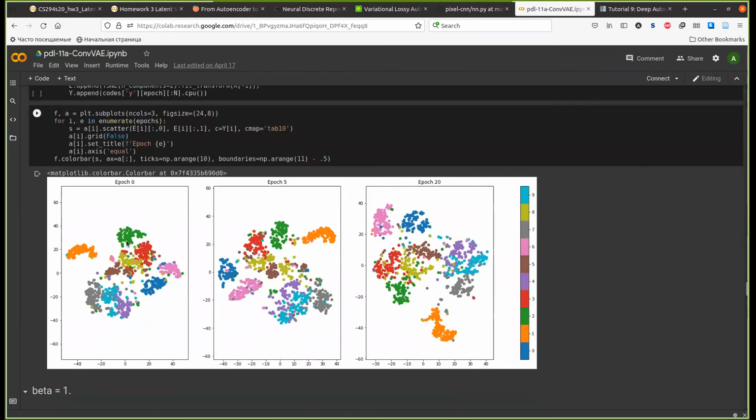So what we have here, and that's another interesting thing to explore, is that we can visualize the structure of a latent space. And by the way, you can see that when using a convolutional net as the decoder, our latent space is well separated even before any learning happens.